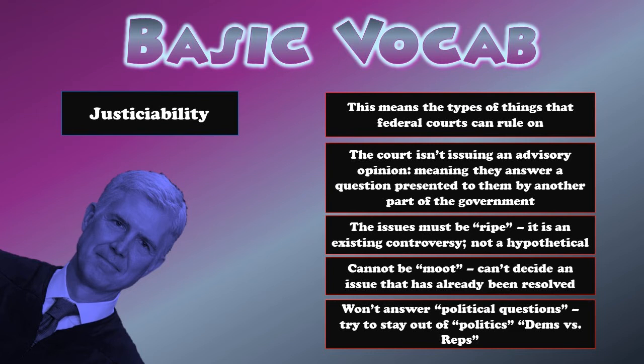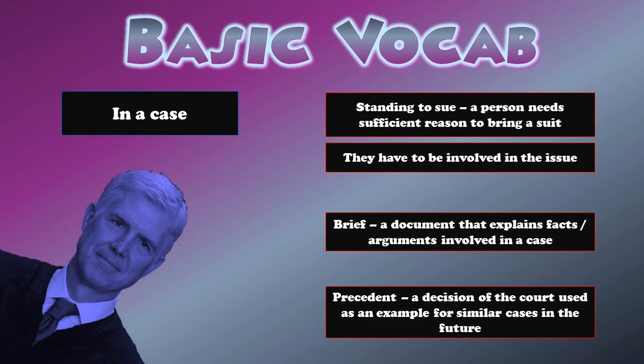All right, a few other terms that we'll see a lot that we'll throw around when we're talking about cases. Some vocab that deals with a case happening. The first one of those is you must have standing to sue. So here in the United States, a person has to have a reason to bring a lawsuit.